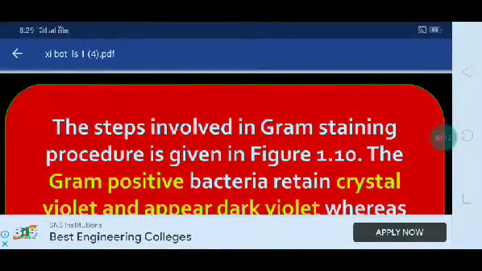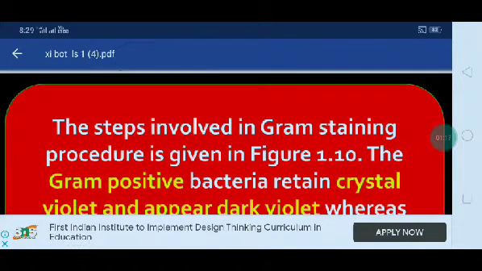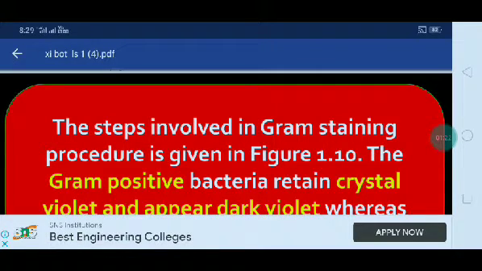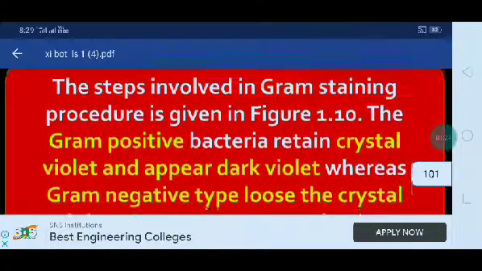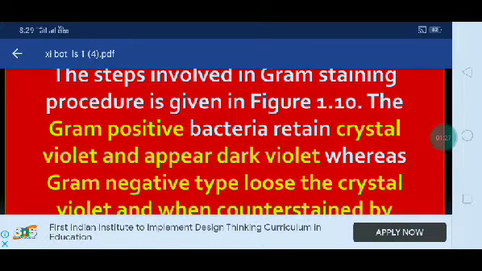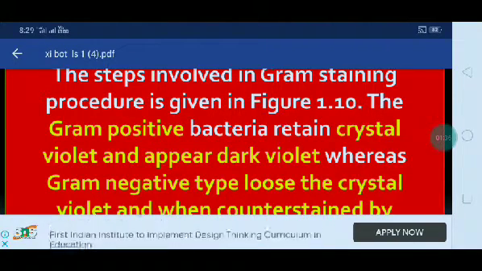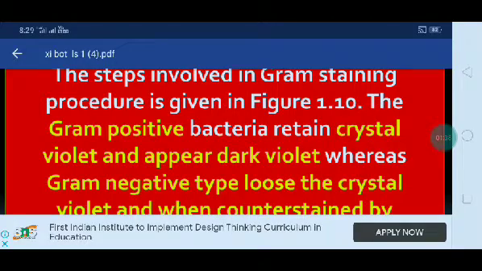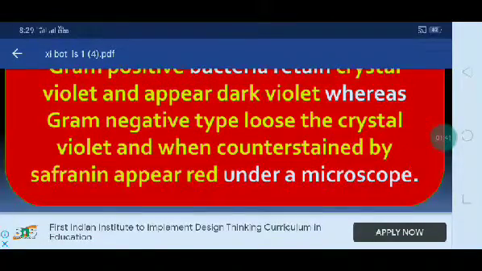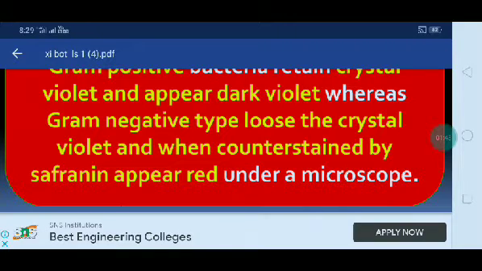The steps involved in the Gram staining procedure are presented in a table. Gram positive bacteria retain the crystal violet and appear dark violet, whereas Gram negative bacteria lose the crystal violet and, when counterstained with safranin, appear red under the microscope.